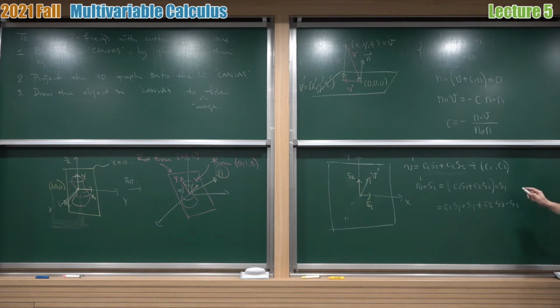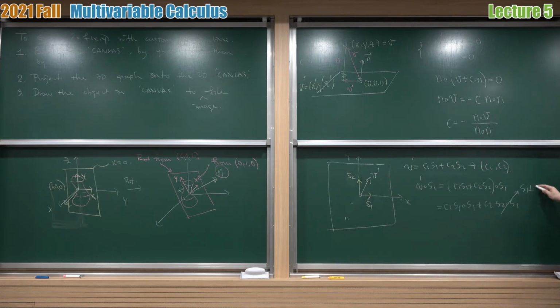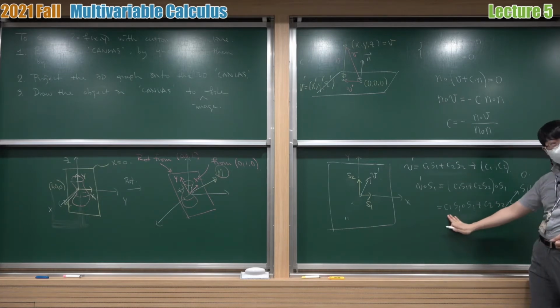Something disappears in this summation. Yes, the second part disappears. Why? Right, S1 and S2 are orthogonal. So this becomes 0, and we are left with only the first term.